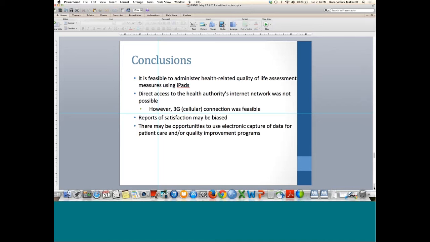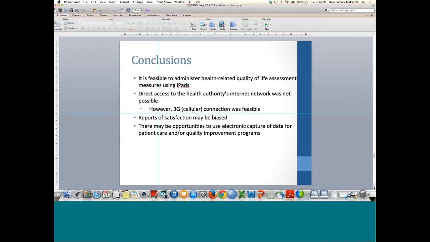As I previously reported, the reports of satisfaction may be biased, but as electronic devices become more common and as baby boomers enter retirement and their more senior years, I have no doubt that less education about tablets will be required.